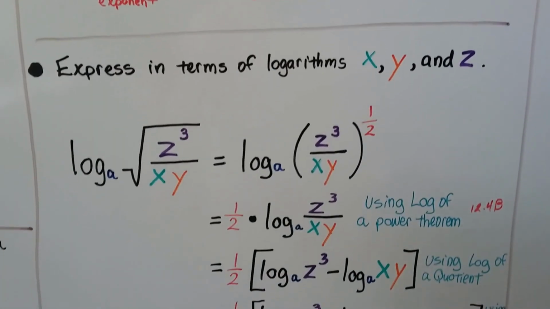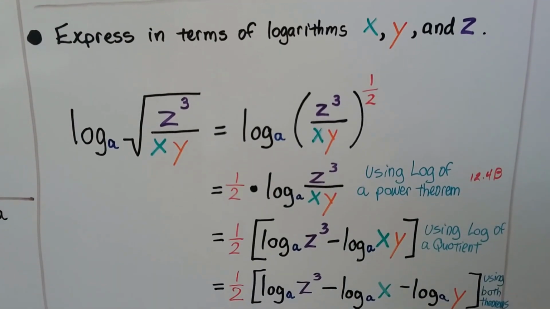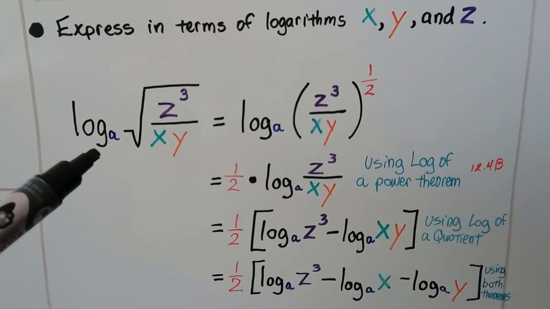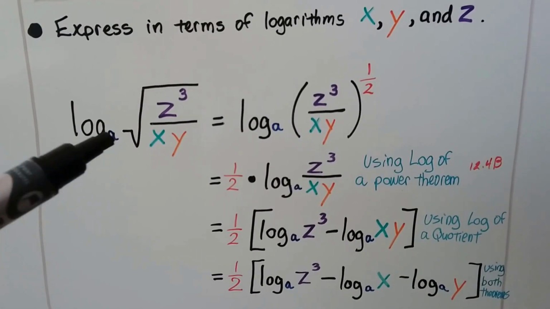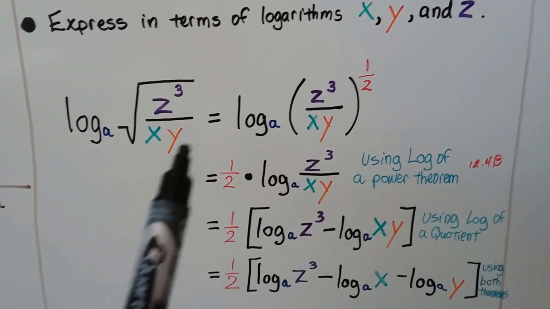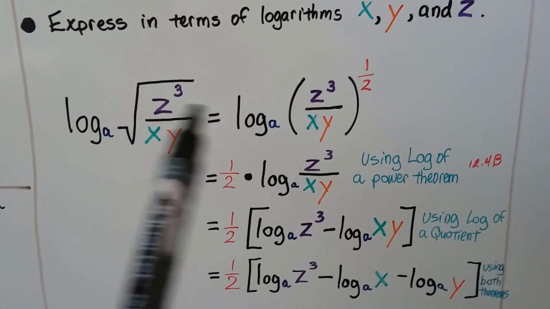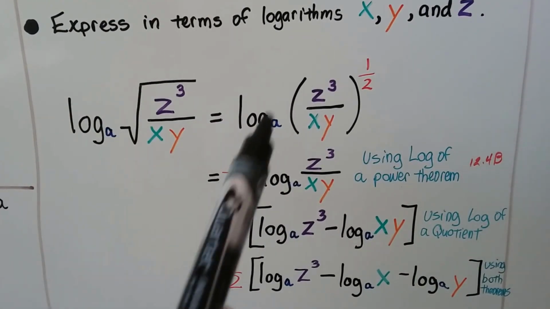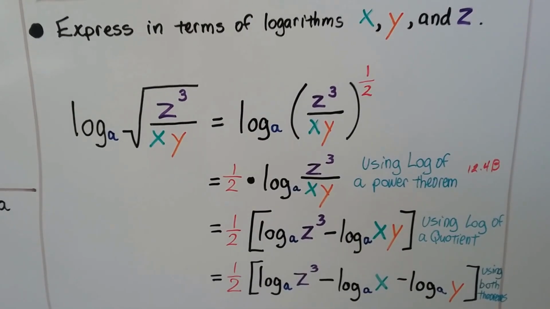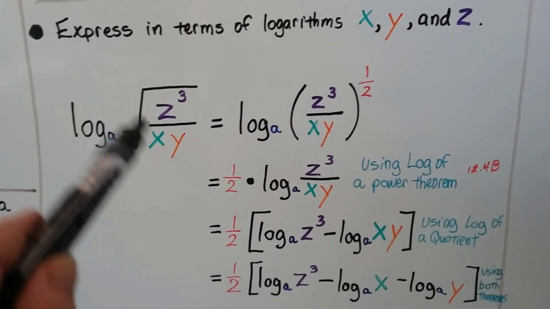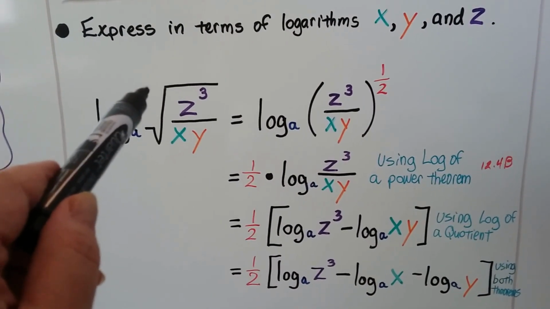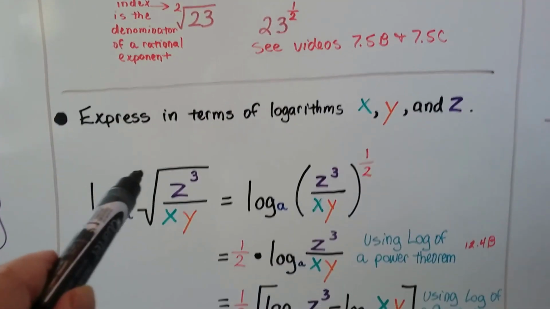Stay with me. We can express in terms of logarithms x, y, and z. So now we've got log base a of the square root of the quotient of z cubed and xy. So we can remove this square root symbol and put it in parentheses with a little half exponent, right? Because of that little 2 that's not written here, that little index that I talked about, okay?